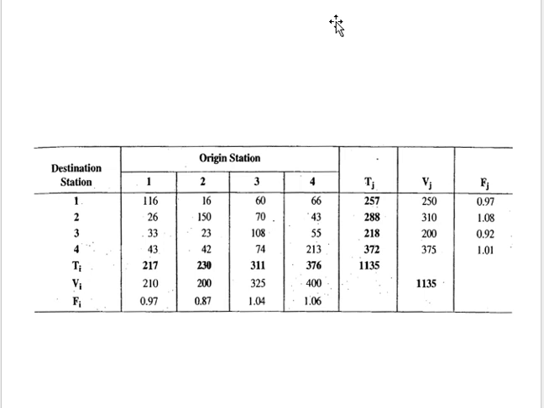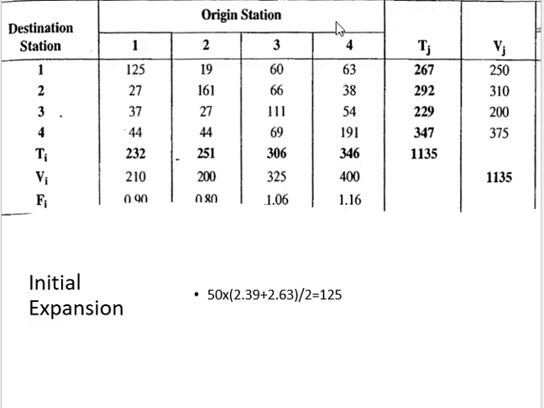So this number was 125, right? It was multiplied by the average of 0.9 and the factor of the first row.